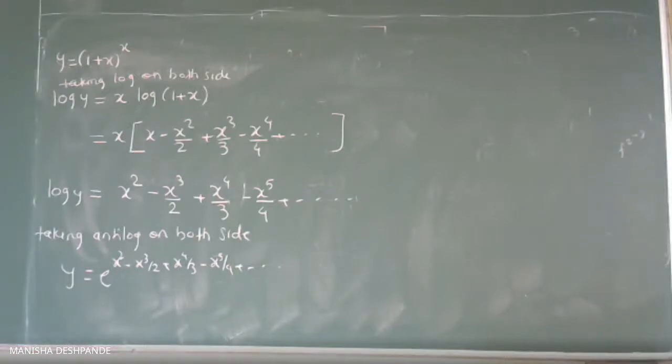Now what do you do? E to the power of such a big function. So I have to see how I can split this and how I will get the answer. What I have said is in powers of x, so I don't want it in powers of e to the power x. Getting it?